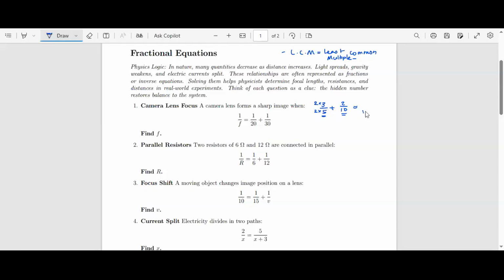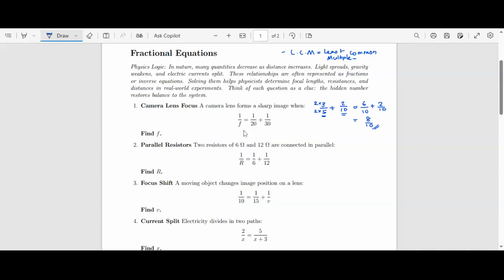So 2 into 5 is 10, and above that you have 6, plus you have 2 over 10. Now the denominators are the same, so we can easily add the numerators. 6 plus 2 gives you 8. It's 8 out of 10. This is how we deal with fractions.